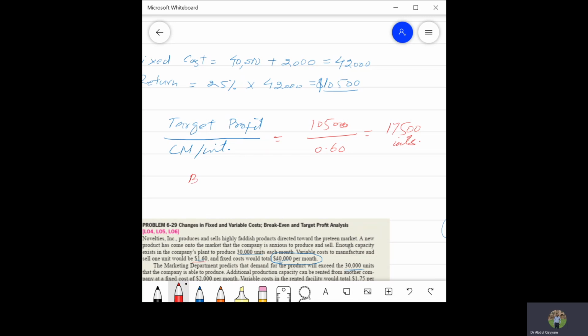So our break-even units are 50,000 plus additional units of 17,500. So in total, we require 67,500 units of sales to earn a 25% return on our fixed investment.